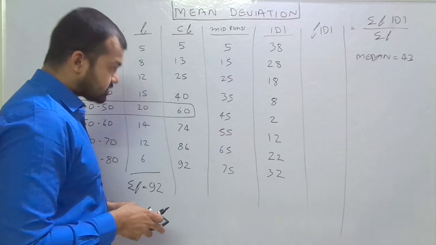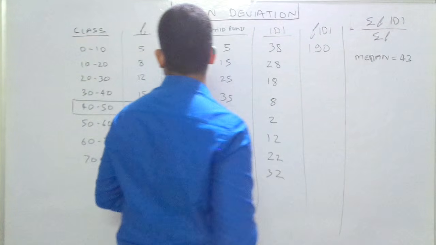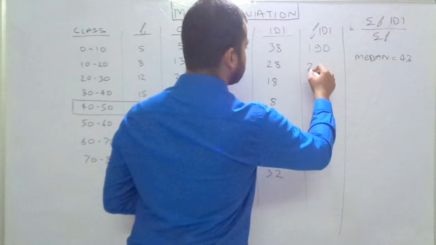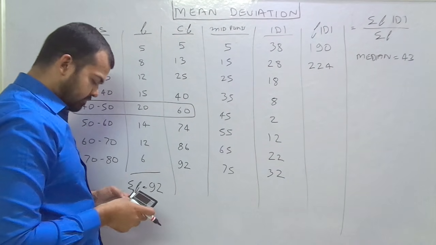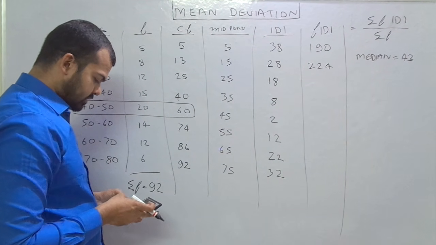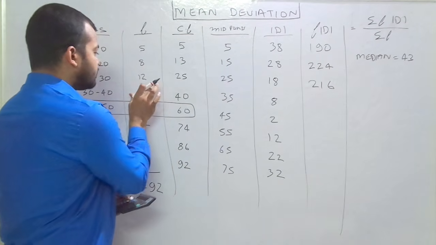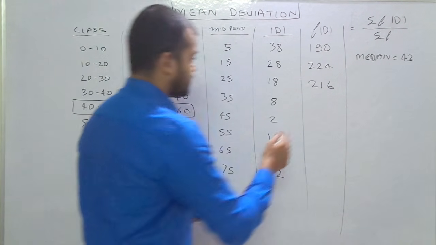Now if we calculate 38 into 5, that is 190. 28 into 8 is 224. This 18 multiplied by 12, that is 216. Here this 15 multiplied by 8, that is 120.